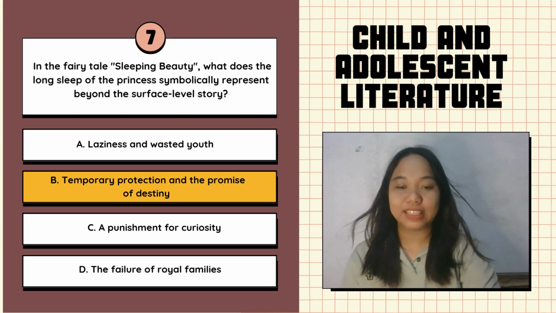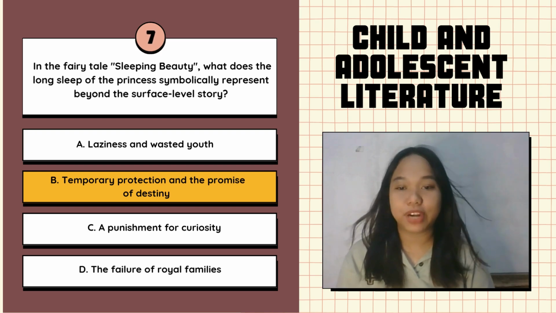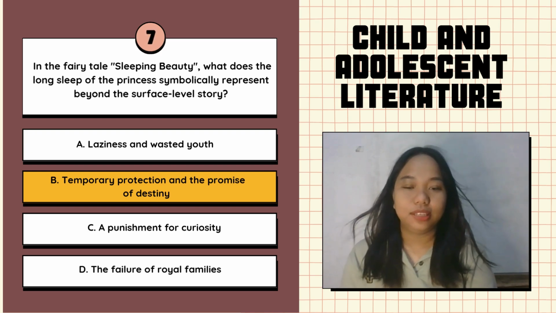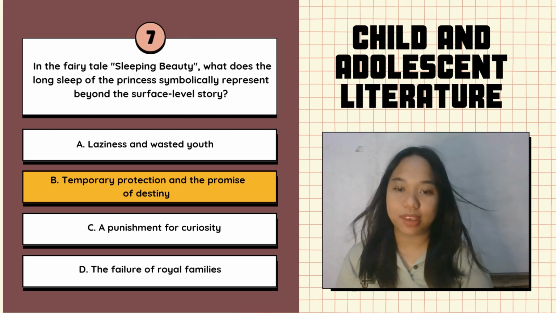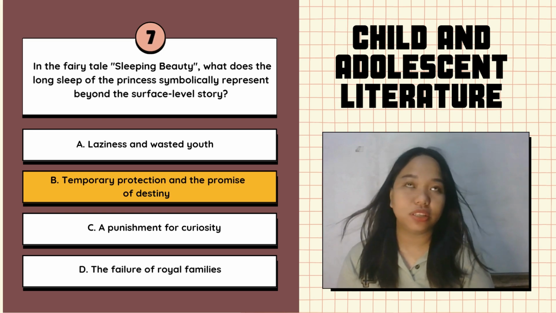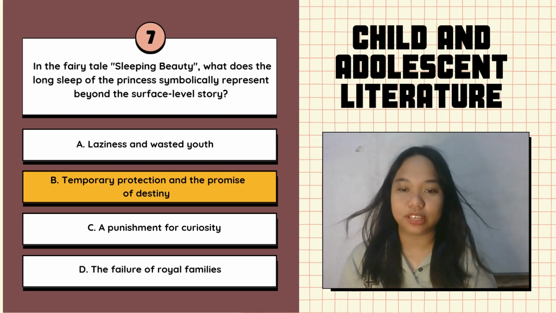Okay, the correct answer is letter B, temporary protection and the promise of destiny. The Sleeping Beauty is not a random curse. It carries deep symbolic meaning. It represents a pause or protection from the dangers of the world, especially from the evil that cursed her.